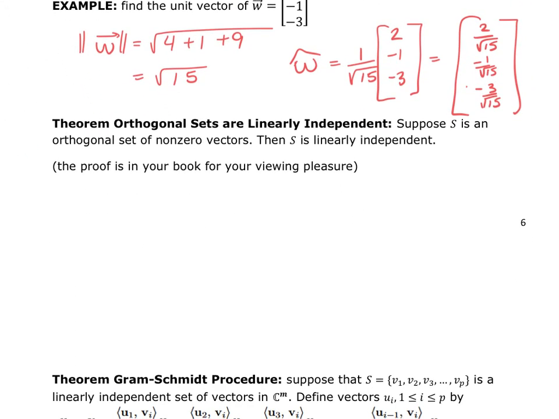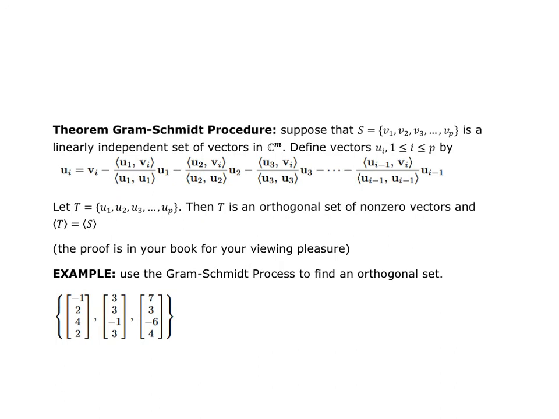Let's take a look at our next theorem. It says orthogonal sets are linearly independent. Nice. And there is a way in which we can find an orthogonal set of vectors, and it is called the Gram-Schmidt process.